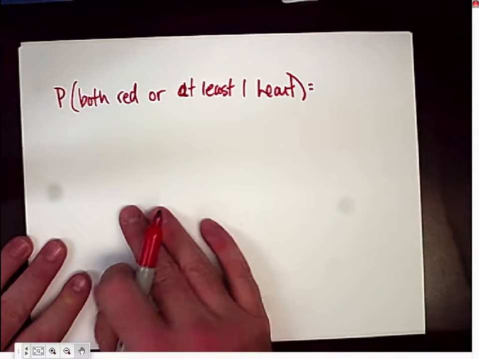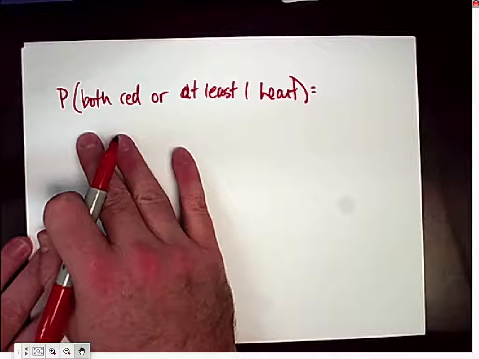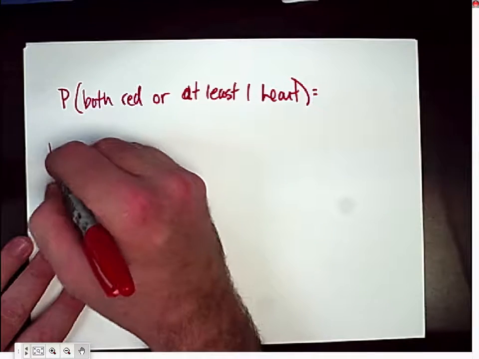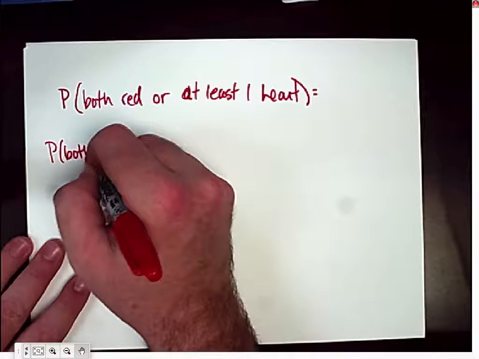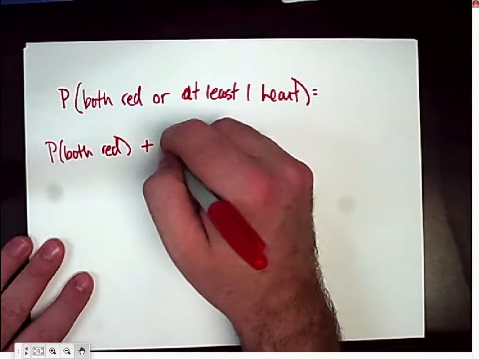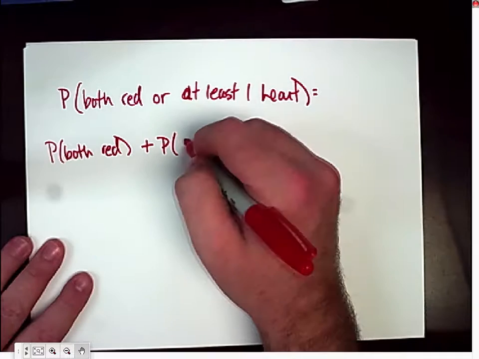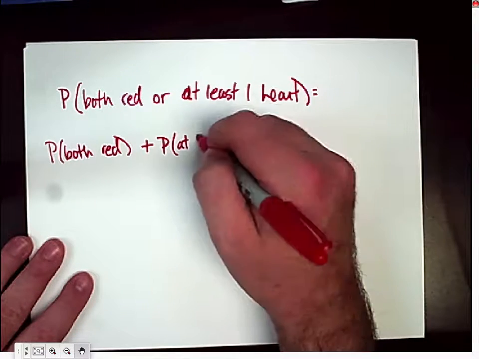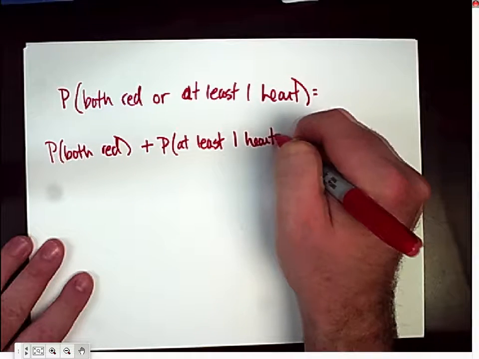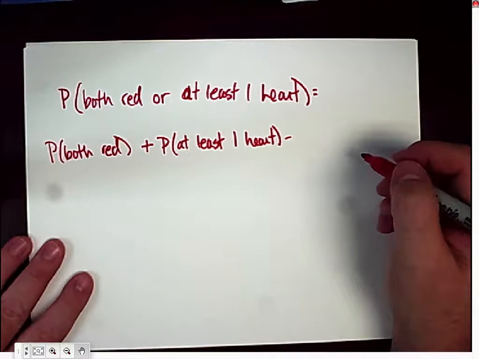Well, let's first just plug it into the formula. So, what would it be? The probability of what? Both red. Probability they're both red plus probability at least one heart minus what?